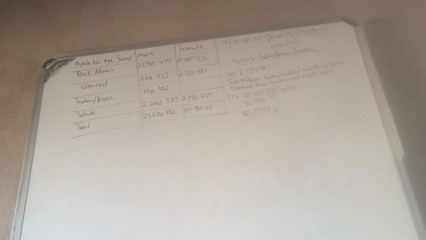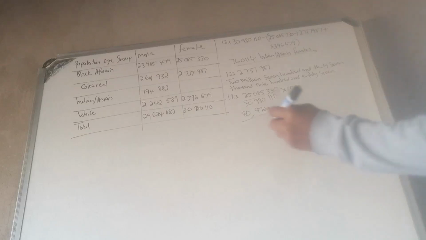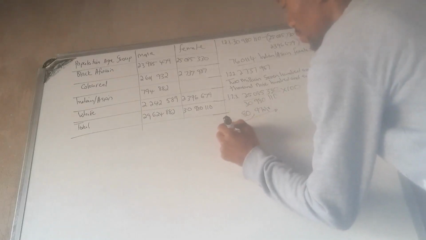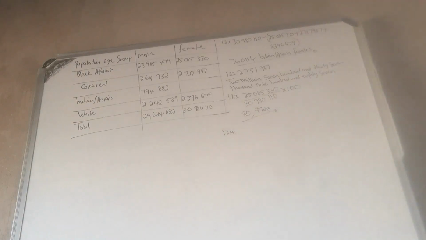Right, let's go to 1.2.4. They say to us, are the population estimates data numerical or categorical? Now, this question comes up very frequently.